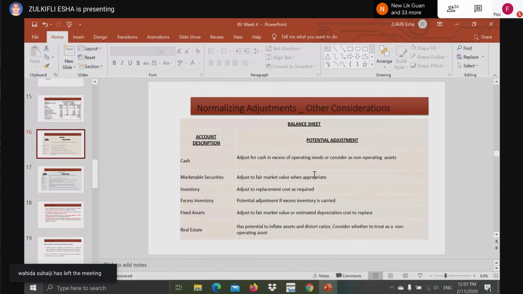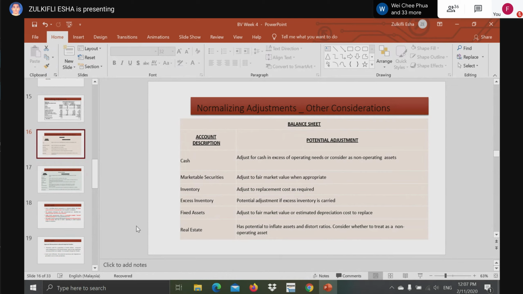So you may need to adjust the amount from your balance sheet. For marketable securities, you may need to adjust to fair market value when and if it is appropriate. The same goes for inventory, excess inventory, fixed assets, and real estate. You may need to make some normalizing adjustment on these aspects after you have done your CSA, horizontal and vertical analysis, for your balance sheet.